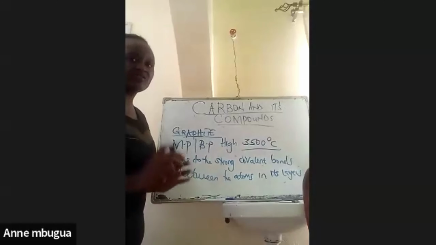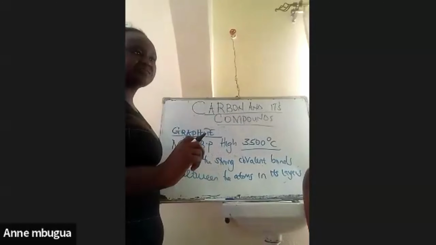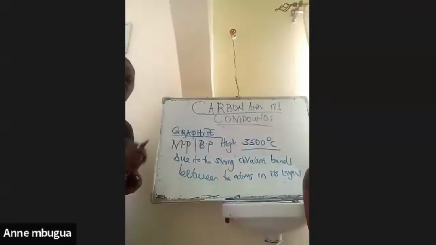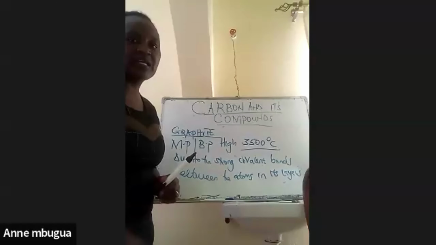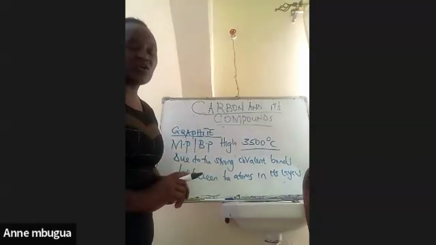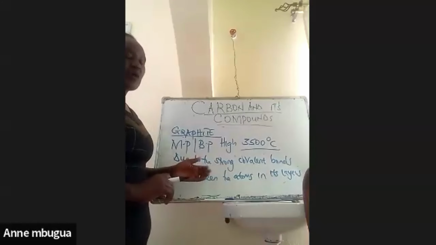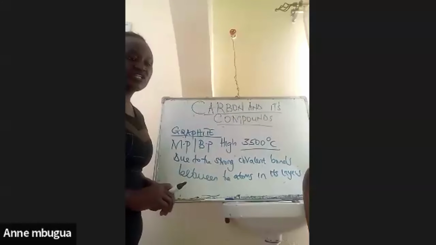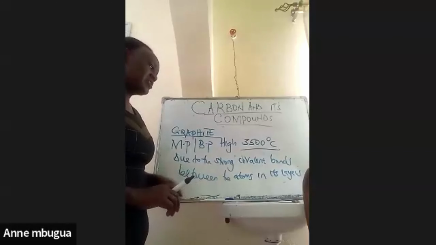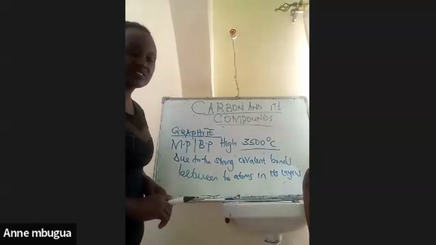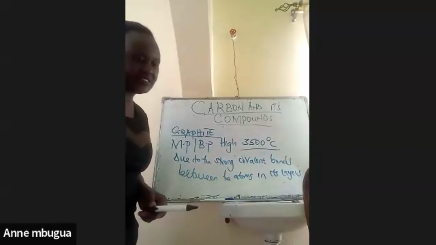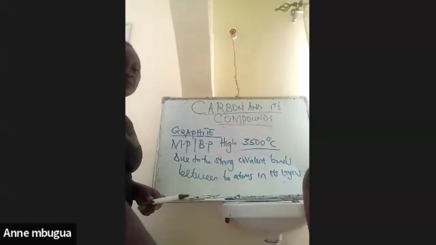I've drawn the diagram and shown that between a carbon atom and another carbon atom, we have a strong covalent bond. These strong covalent bonds require a lot of energy to break. For this reason, the melting point and the boiling point of graphite is high.